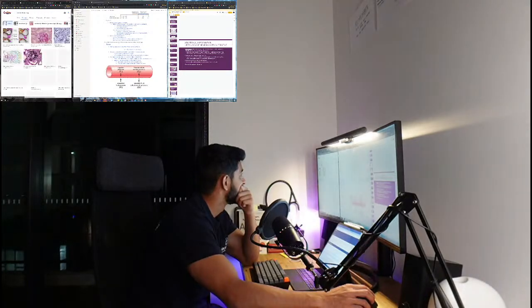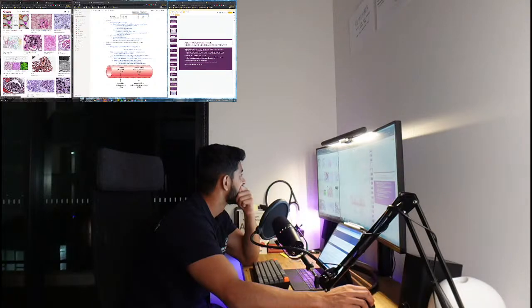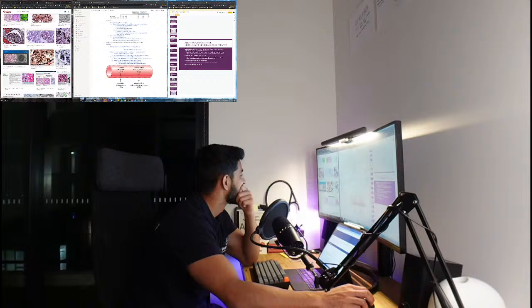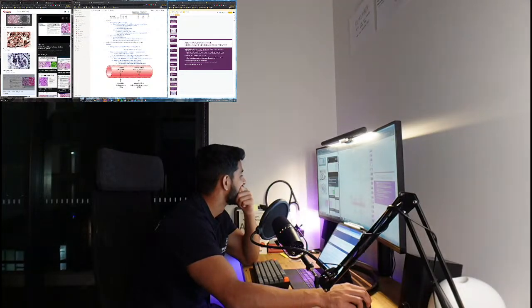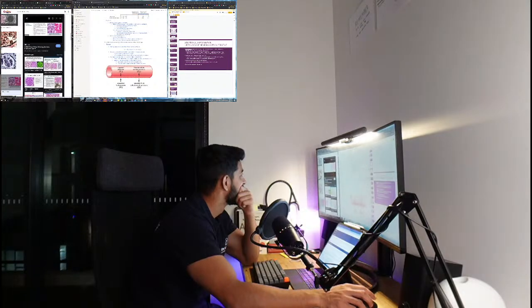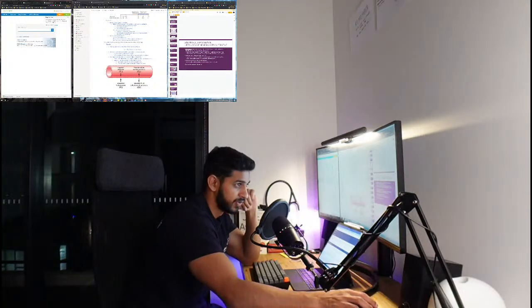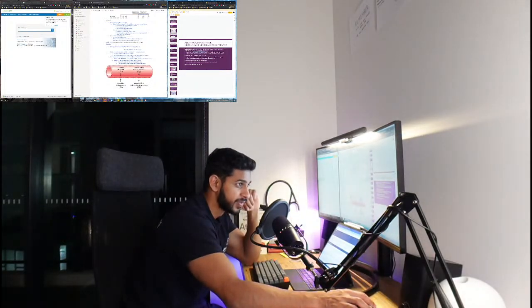Kidney. Tram tracks in membranoproliferative. I'm not going to forget that because I've never seen that in my life. Duplication of the basement membrane, it just doubles on itself.